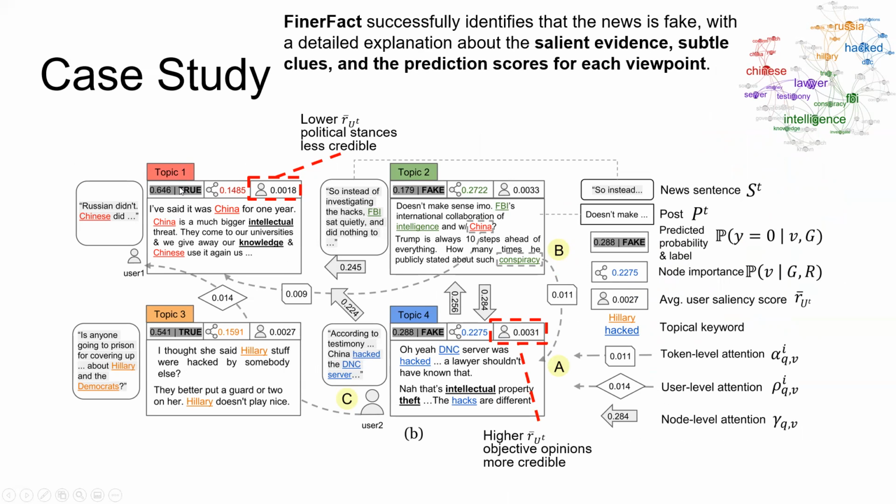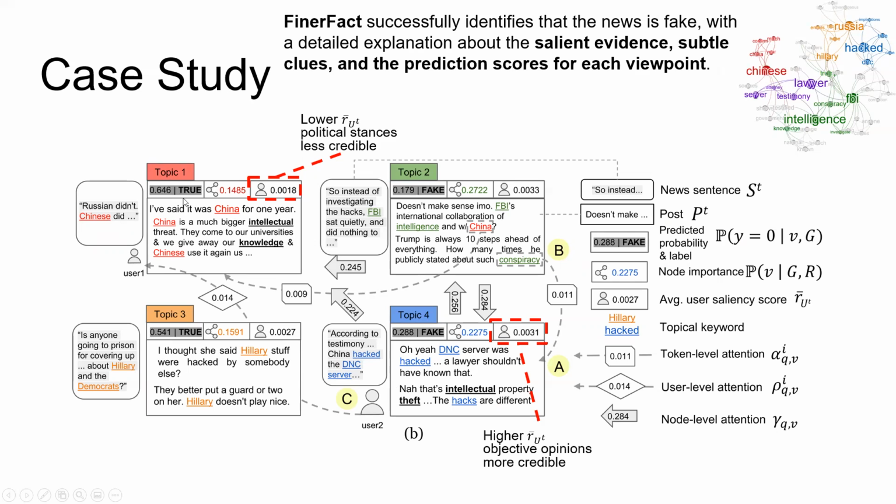Our model groups different evidence, I mean the user comments and also the news sentences, under different topics indicated by different colors. The grayed out label right here, such as 0.646 / true, is a score given by each evidence node indicating how likely this news is true.